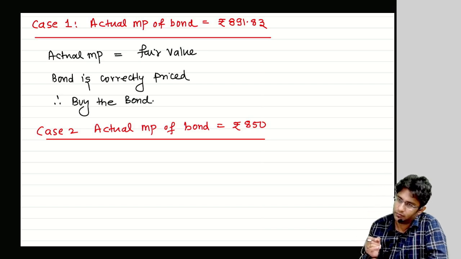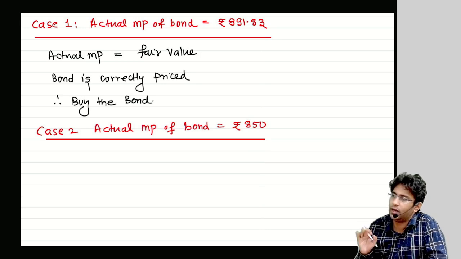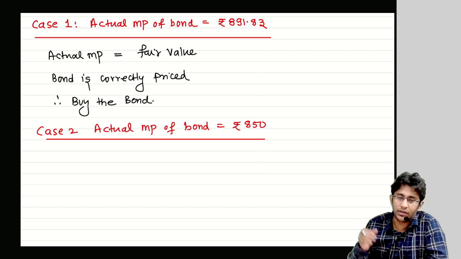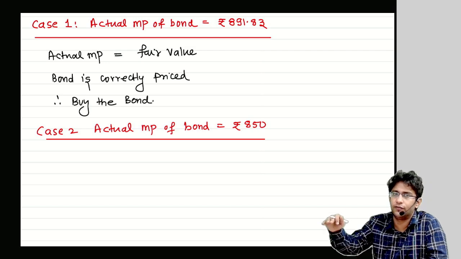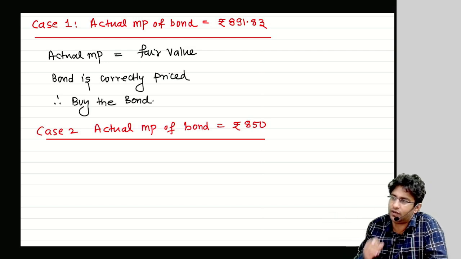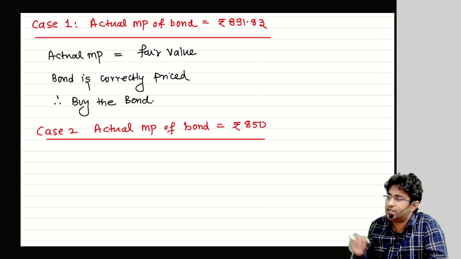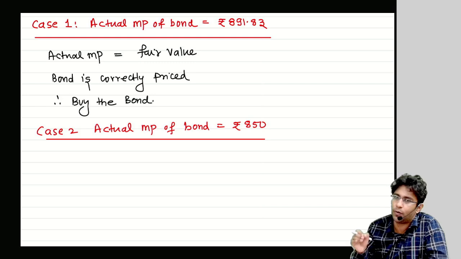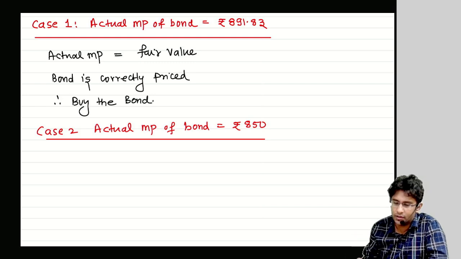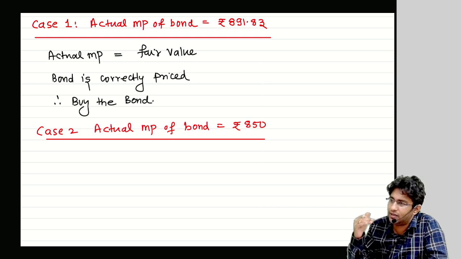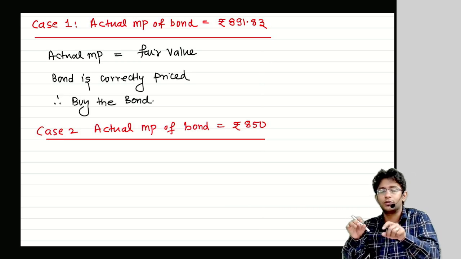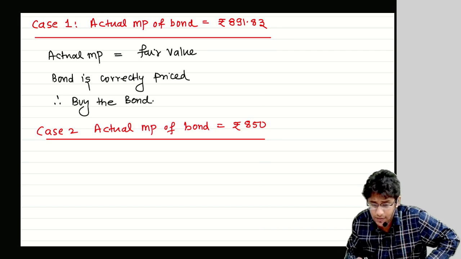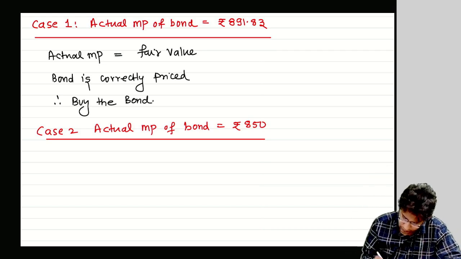Yes or no? Yes. You're already prepared to pay 891, but that same bond, with the same future cash inflows, you are getting only at 850. Cheaply available, no? In a cheaply available case, we call it as the bond is underpriced. The first one is called correctly priced. This is underpriced. You should always go and buy underpriced investments.